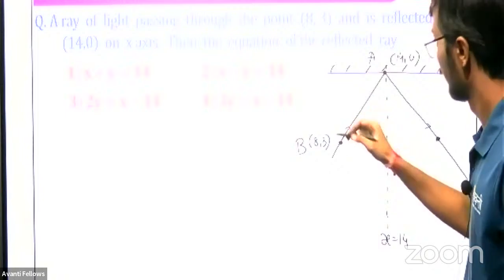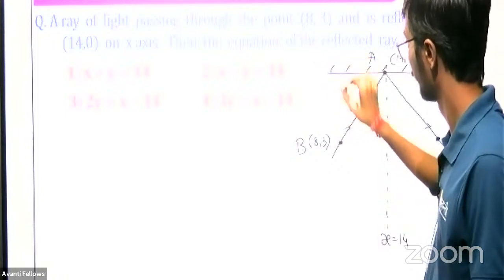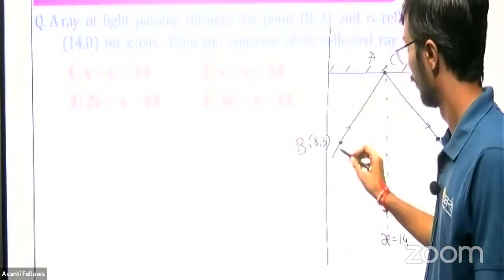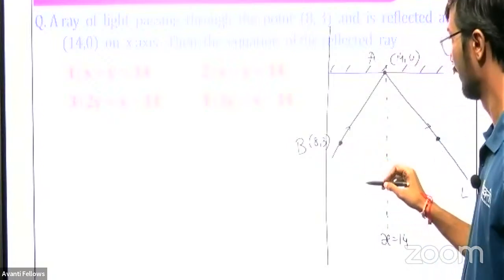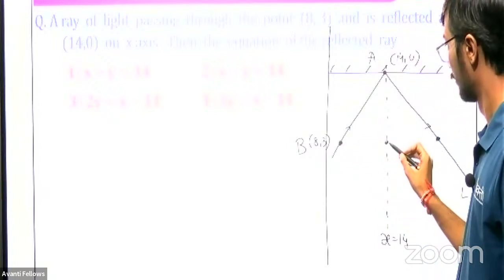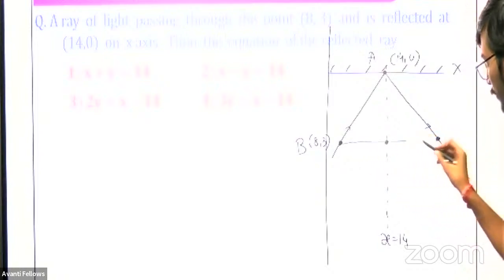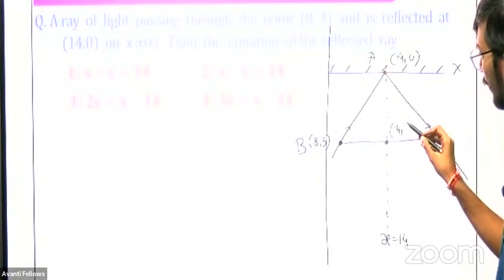Let's say here, suppose we have the y-axis. If this point is (8, 3), then this point, if we took this line, will be (14, 3).